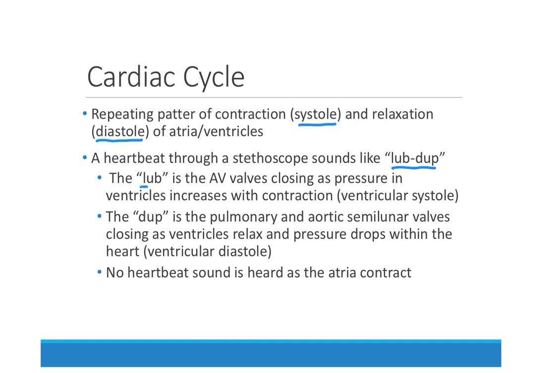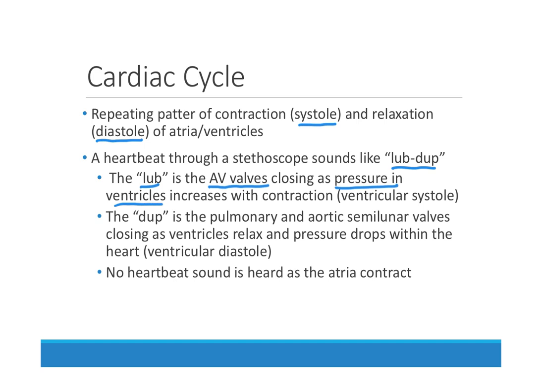The first sound, the lub sound, happens as your atrioventricular valves, those tricuspid and bicuspid or mitral valves between the atria and ventricles, are closing as pressure builds up in the ventricles as they start to contract.